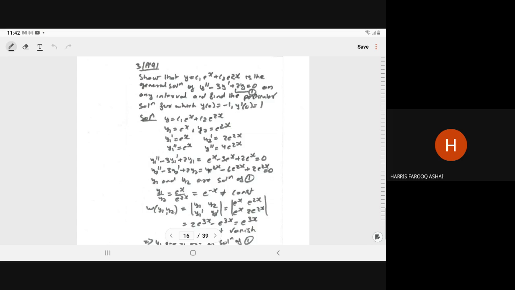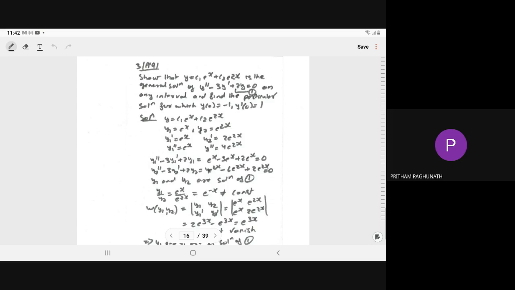So for the general solution, first what we have to see is whether y1 and y2 are linearly independent or not.